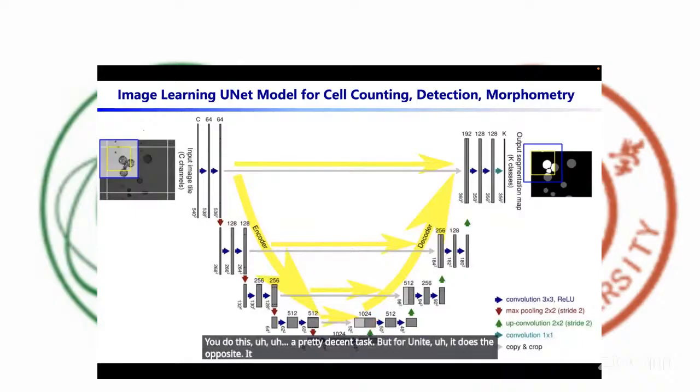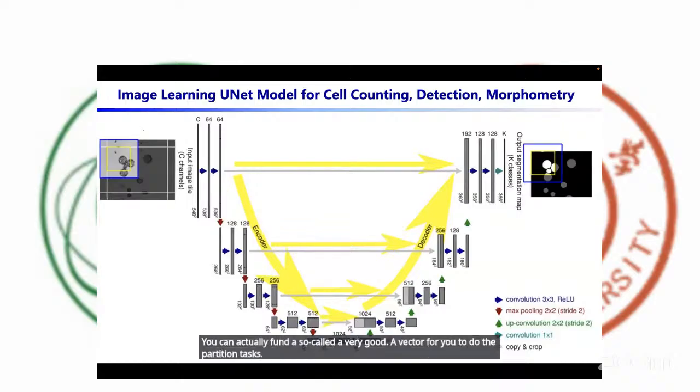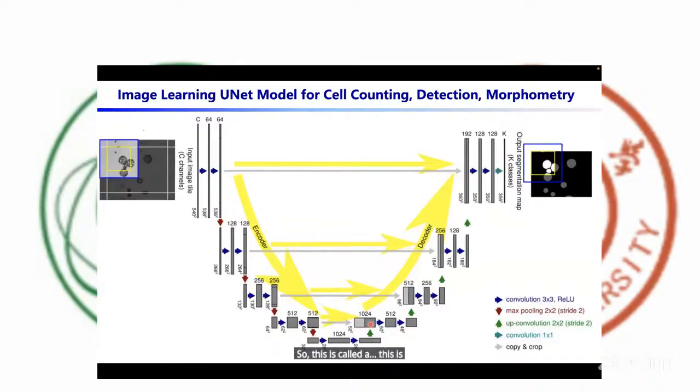It asks the question, if your vector is so good, can you reproduce the original image? So it goes backward to see whether the derived vector at the bottom can reproduce the image. In this process, you can actually find a so-called very good vector for you to do the prediction task. This is the UNet model.